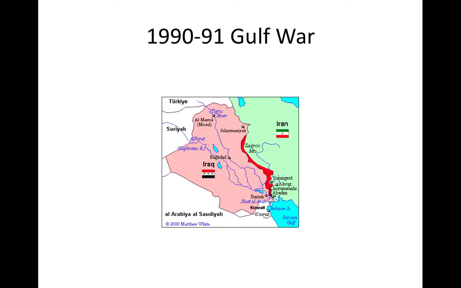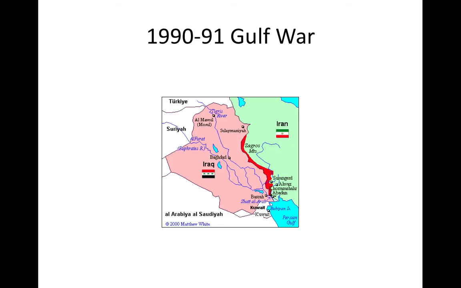Bush was able to assemble a huge coalition of countries who supported the effort to push Iraq back out. So this was a very popular war around the world. The Allies included most of the European countries and many Arab and Gulf state countries: Egypt, Saudi Arabia, Syria, some of the smaller oil-rich nations. They all wanted Iraq out of Kuwait.